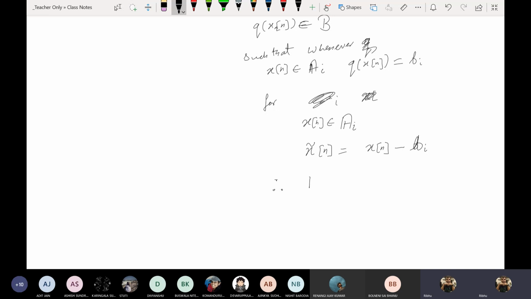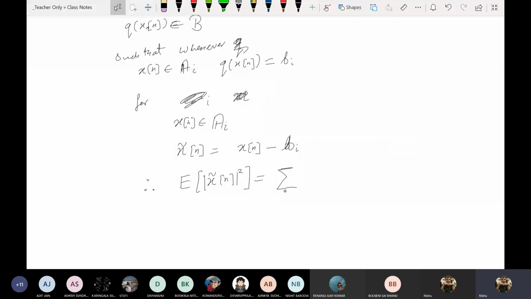Therefore, expectation of x tilde n equals, for x in ai, probability x in ai times expectation of xn minus bi given xn in ai.